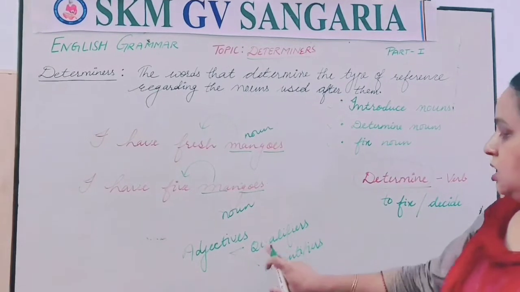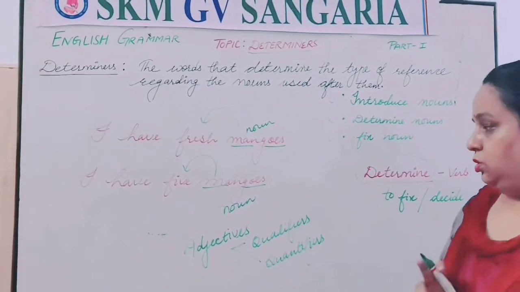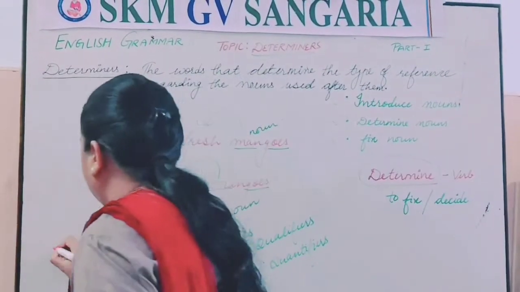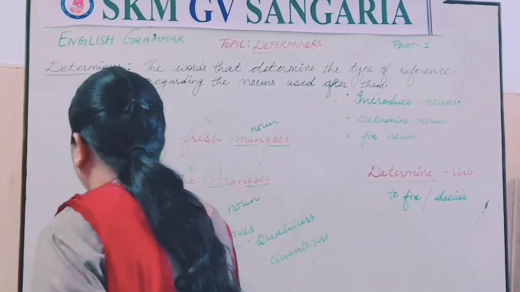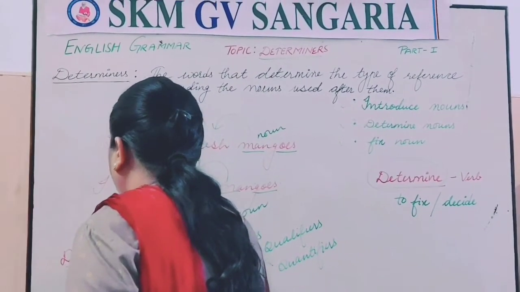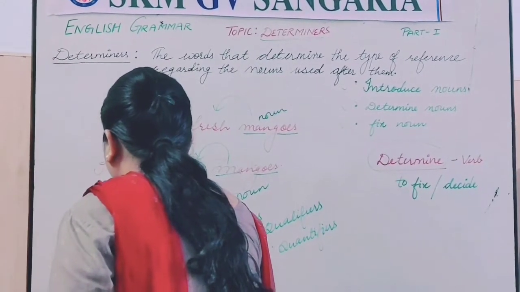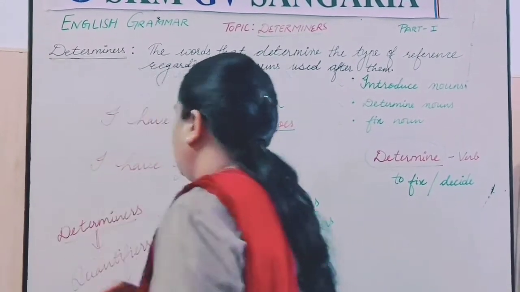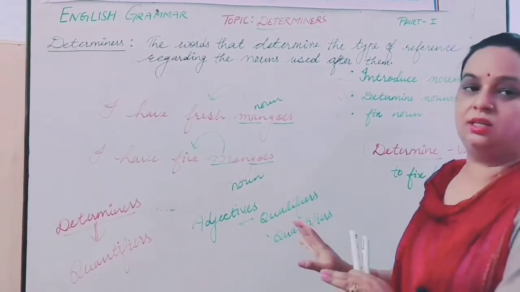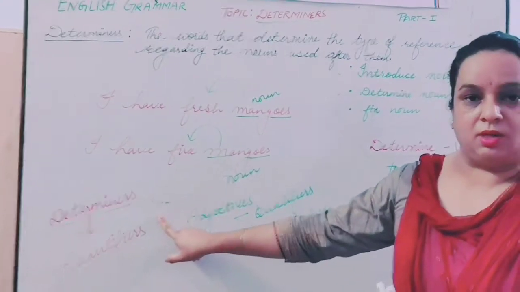The adjectives are qualifiers also and quantifiers also. Clear? But the determiners are only quantifiers. Only quantifiers. This is the basic difference between the adjectives and the determiners.